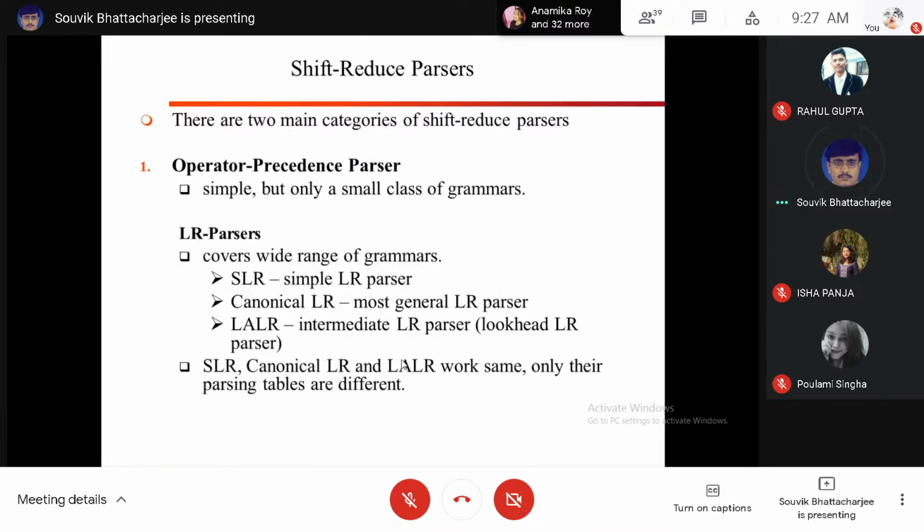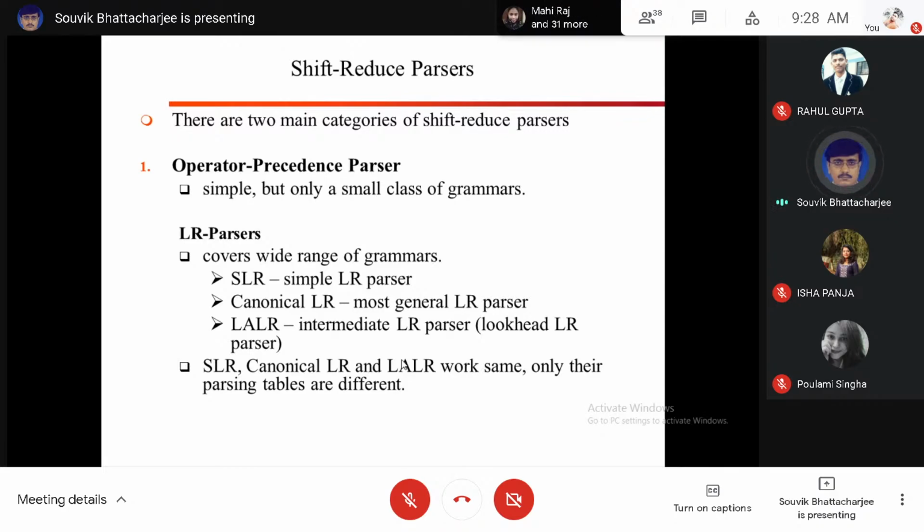Now, you just see, operator precedence grammar is basically simple, but it works on a small class of grammars, mainly where operators are there. As per the name, you can understand. It basically deals with production rules related to expressions. In that case, the operator precedence parser is used.